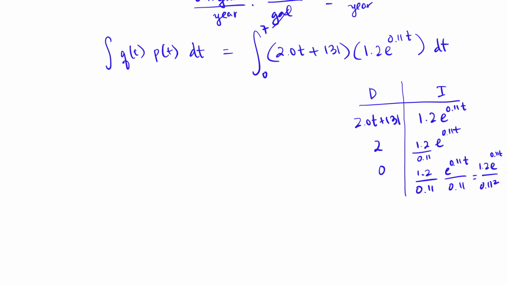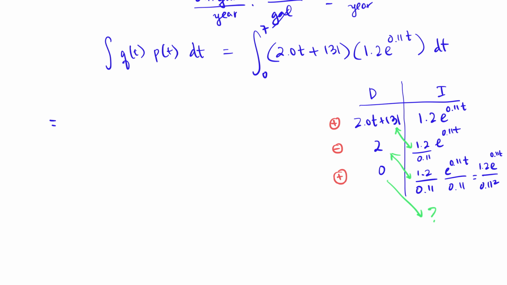Don't forget to alternate the signs, plus, minus, plus, where we will multiply diagonally to obtain the answer. And for the last one, we didn't have to find the antiderivative of this expression because 0 times anything will be 0.